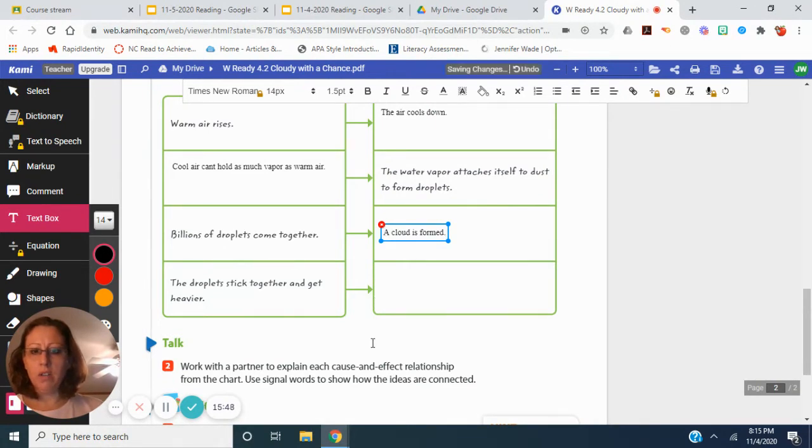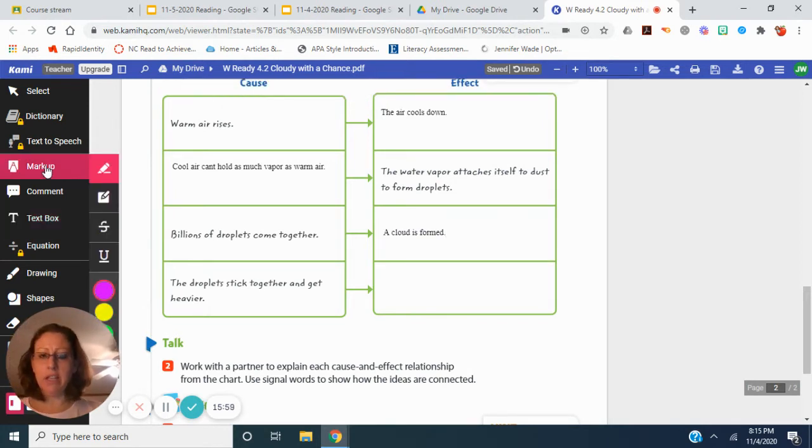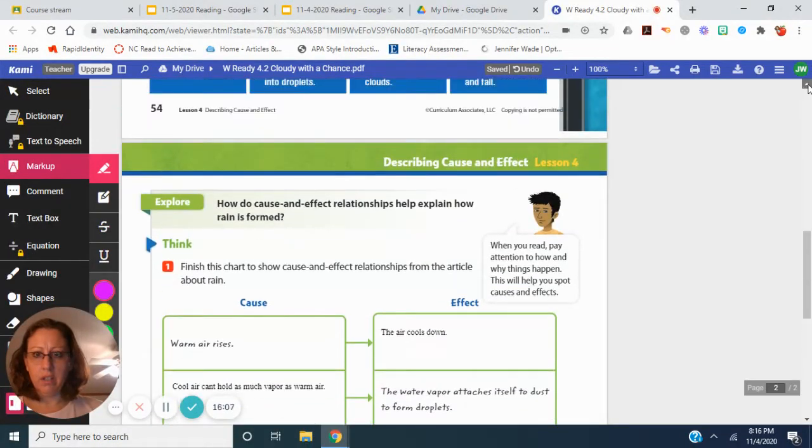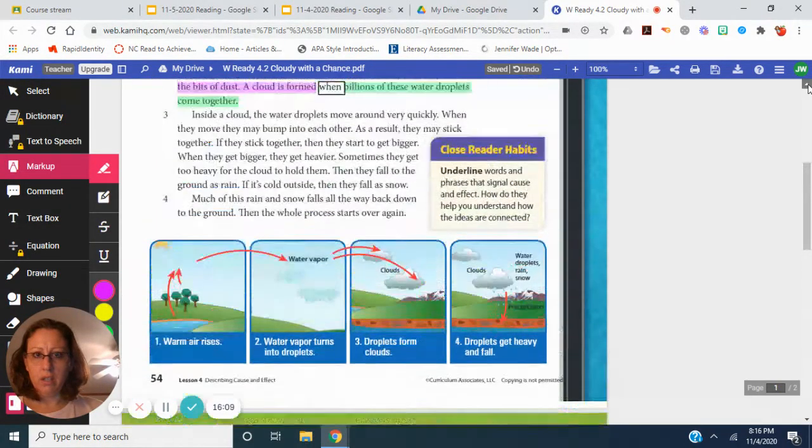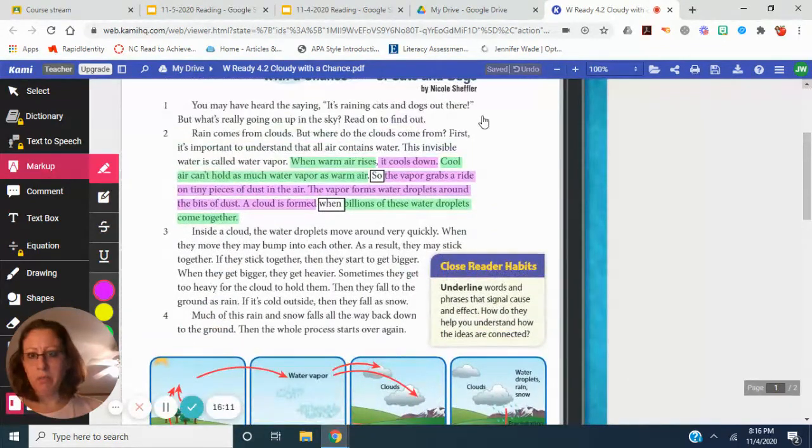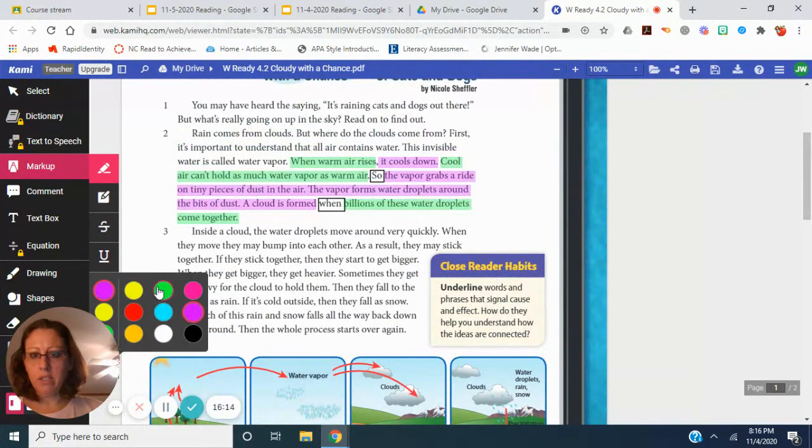And our last cause is the droplets stick together and get heavier. So I'm going to go back up in the text and highlight our cause green so that you can find the effect. The droplets stick together and get heavier. So remember, I'm making our cause green.